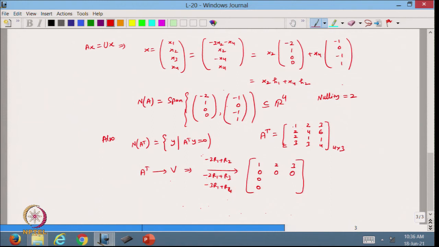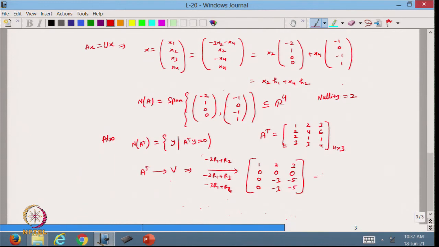Again I am doing this. It will be 0 and minus 2, so it will be minus 3, and this will be minus 3 into minus 2, minus 6 plus 1, so it will be minus 5. Again I am multiplying by minus 3: minus 3 plus minus 6 plus 3 is minus 3, and minus 9 plus 4 is minus 5.